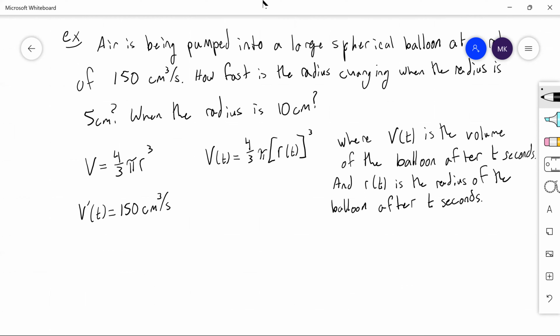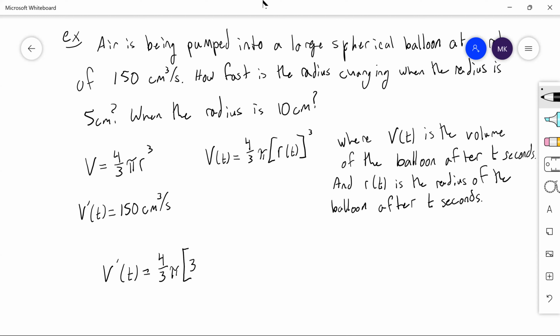And so we end up with V prime of t equals 4/3 pi times, now to take the derivative of r of t cubed, we use the chain rule.